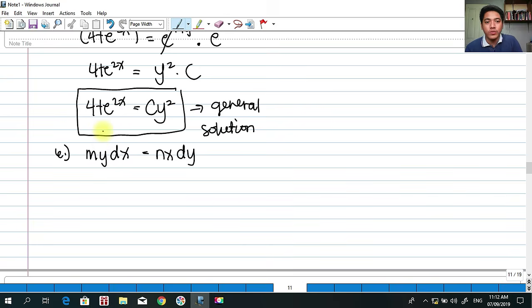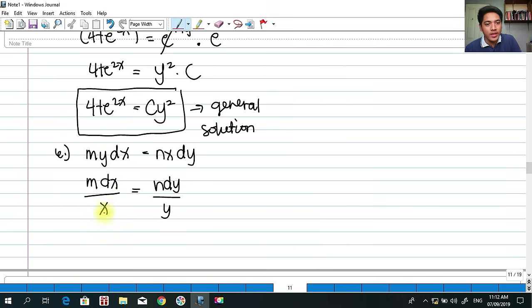So any variables other than x and y are considered constants. We have m dx, we need to get x, so over x is equal to n dy over y. So this would be our equation.